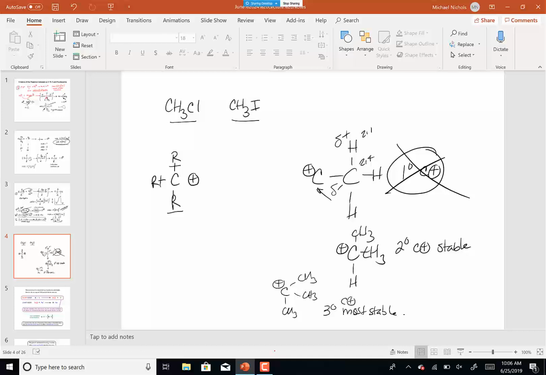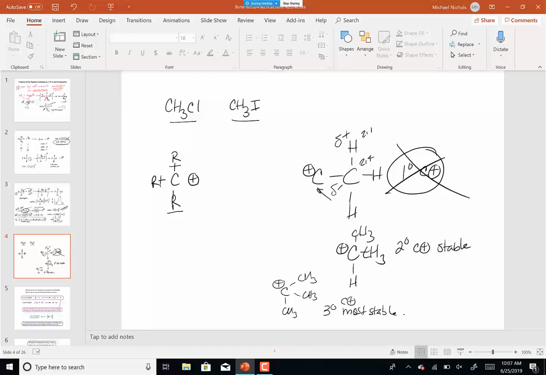So primaries always do SN2, tertiaries always do SN1. The problem is the secondaries, because secondaries can do either one. They do form stable carbocations, but they usually don't have enough steric hindrance, so they can also do SN2.